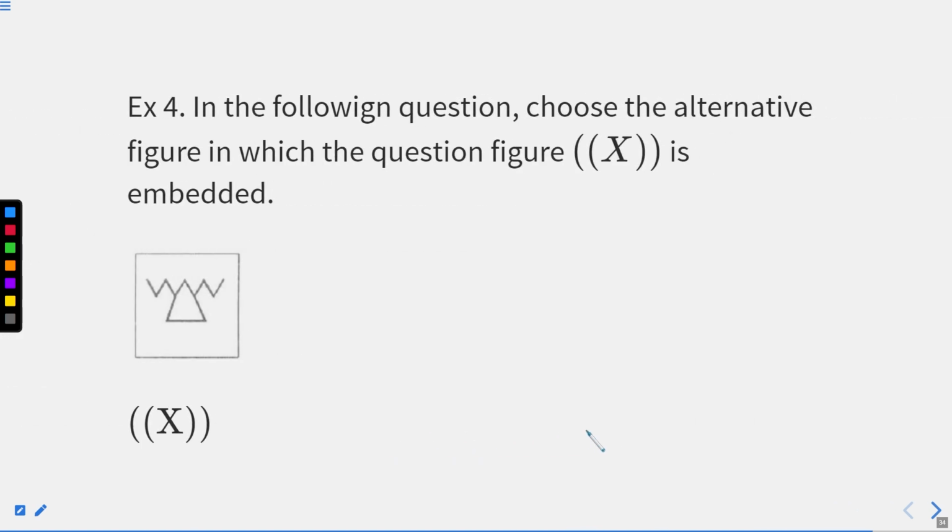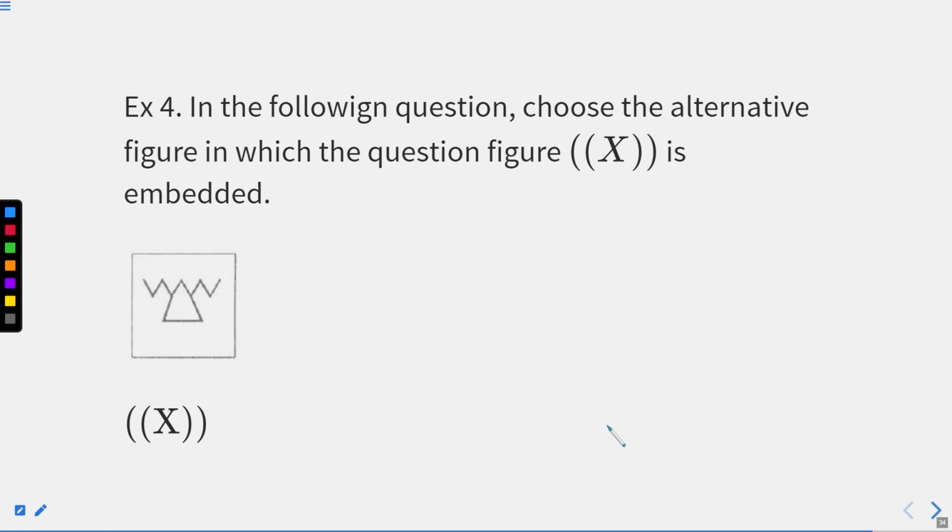Now we'll move to the next part of this question and the next type of question. Till now we have punched something, we have been completing the figure, or we have just been taking the folded questions, right? So in question number 4 of this chapter, in the following question, choose the alternative figure in which figure X is embedded. Now you can see how many V's? 4 V's.